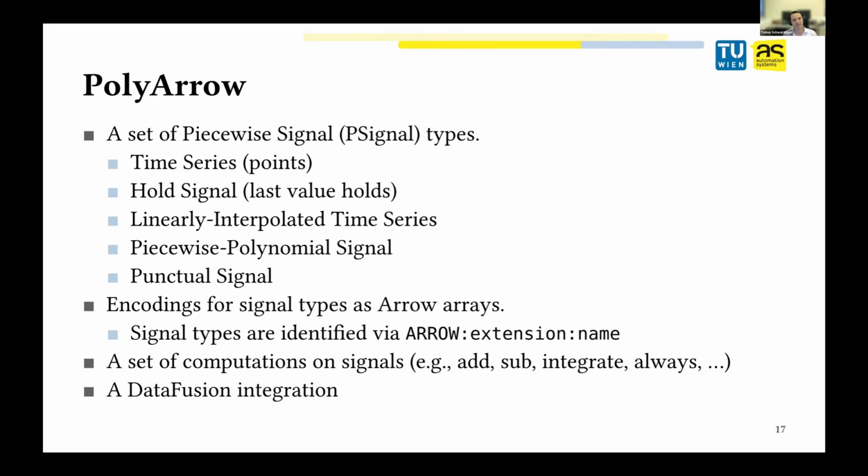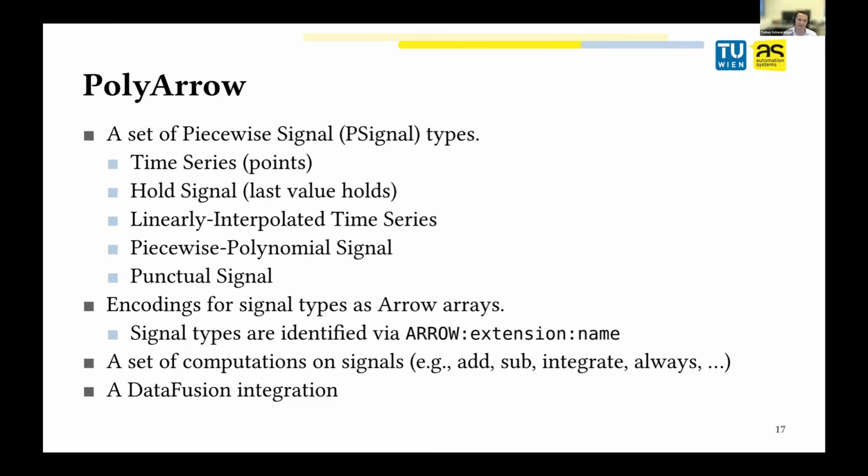Then you have linearly interpolated time series, where you just connect the points with a straight line. And then if you're fancy, you can use the more general piecewise polynomials, where you can do quadratic functions or cubic functions. For example, if you're integrating a regular linearly interpolated time series, then you get a quadratic function.